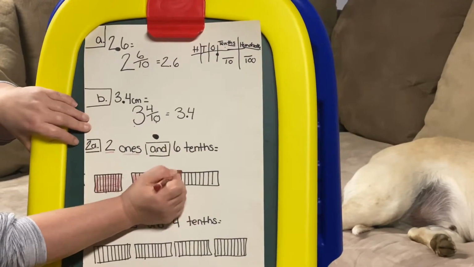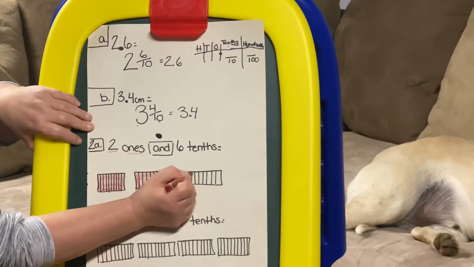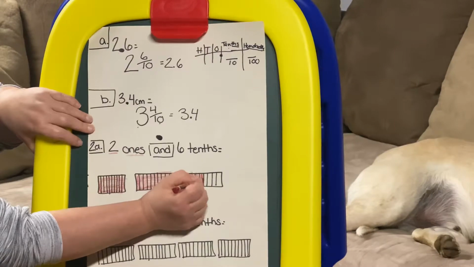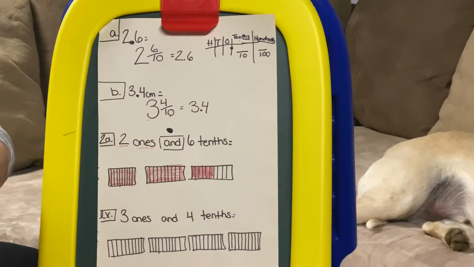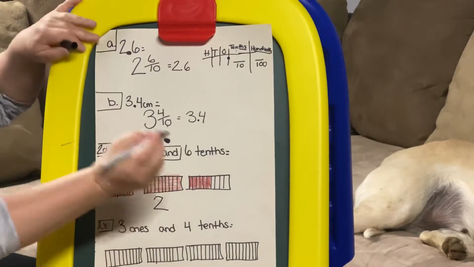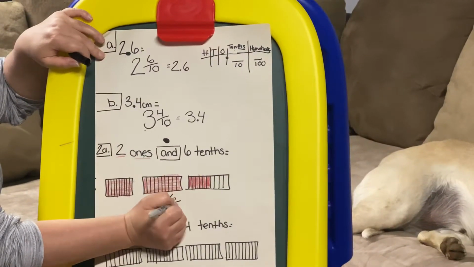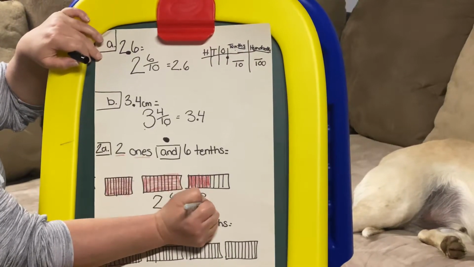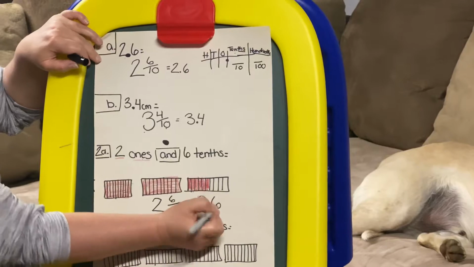So I'm going to do 1, 2, 3, 4, 5, 6. So this would show me 2 wholes and 6 out of 10, or 2.6.